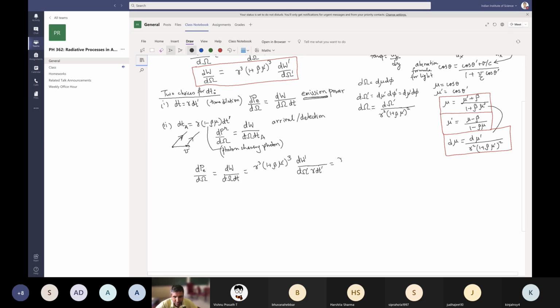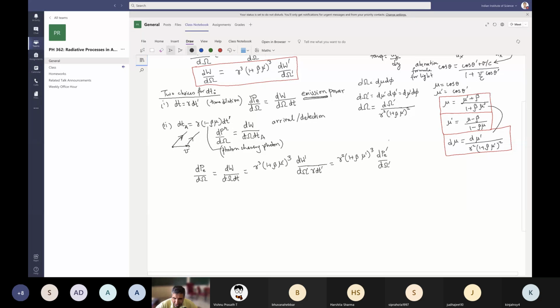So that's nothing but gamma squared (1 plus beta mu prime) cubed dW prime by d omega prime dt prime, which is just dE prime by d omega prime.